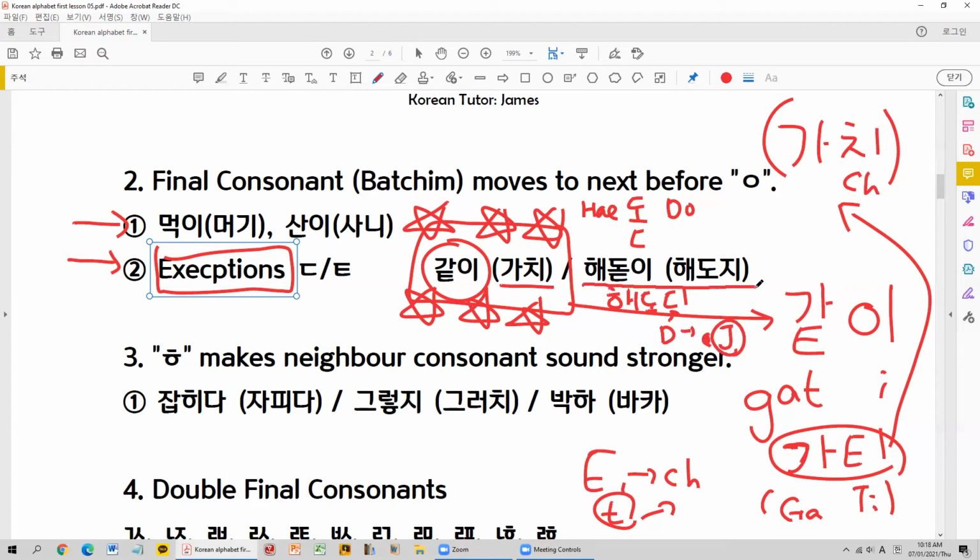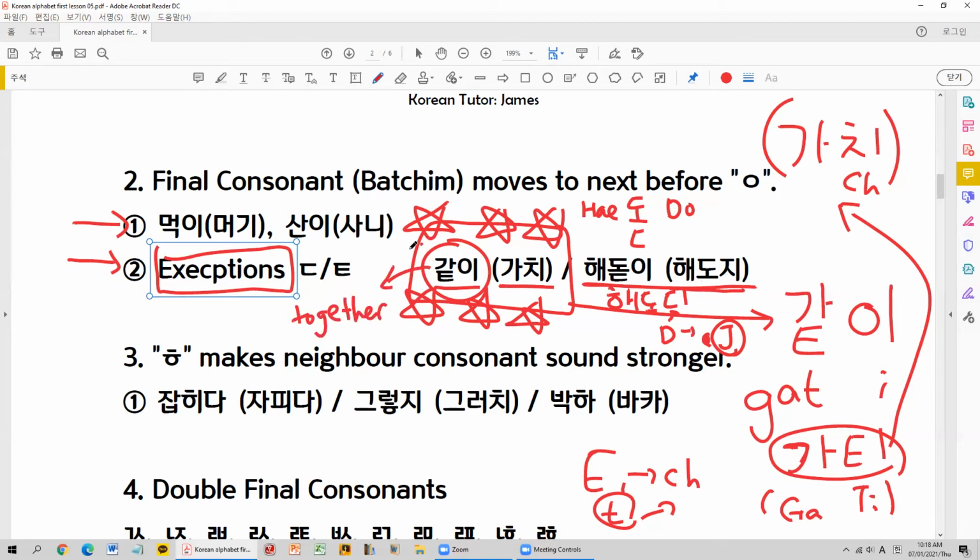So we read 해도지. 같이 and 해도지 are exceptions. So you have to memorize this. When you see this, you have to read it like this. By the way, this means together.